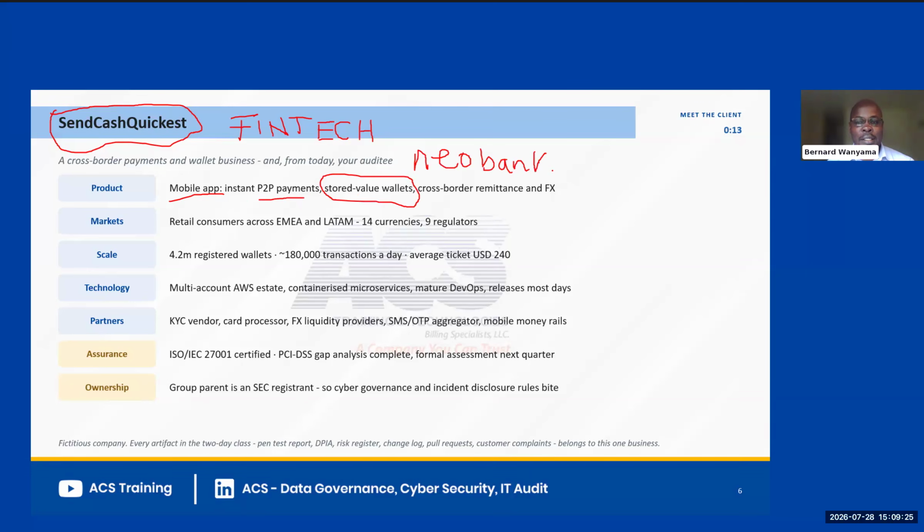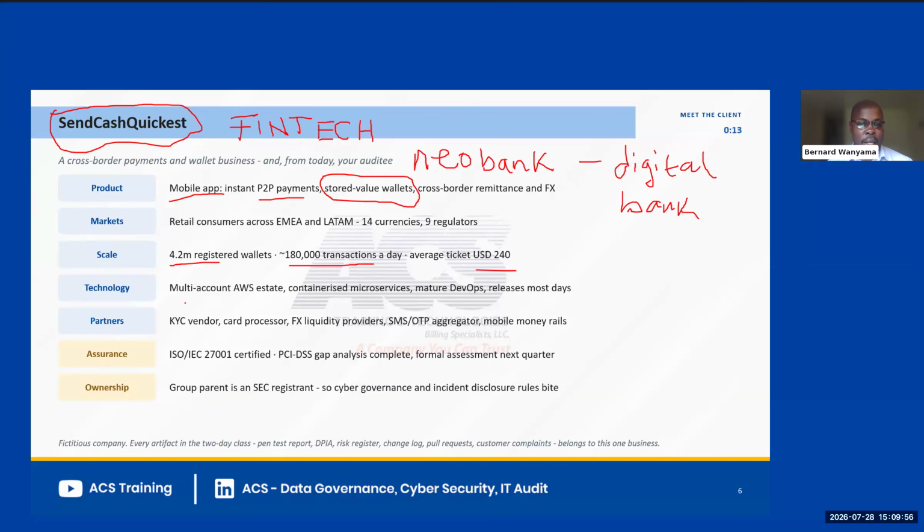But in this case, it's a digital bank that is going to have its premises on cloud infrastructure, and it's going to aim to serve all the customers that it can onboard across the globe. And so you have this kind of feature. In this case, we are talking of maybe 4.2 million registered wallets and 180,000 transactions a day, averaging at $240.